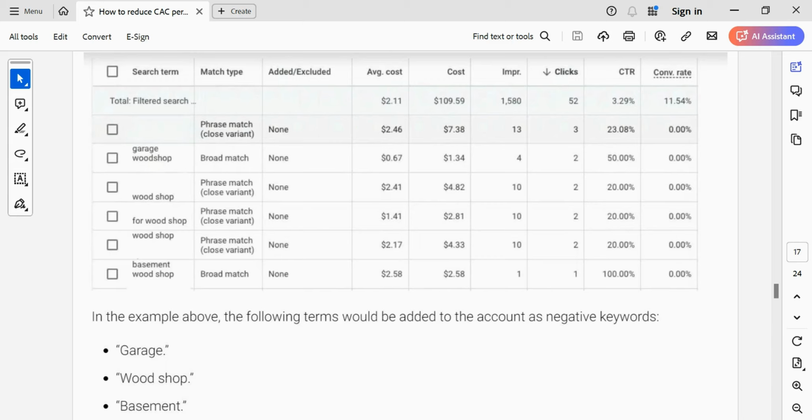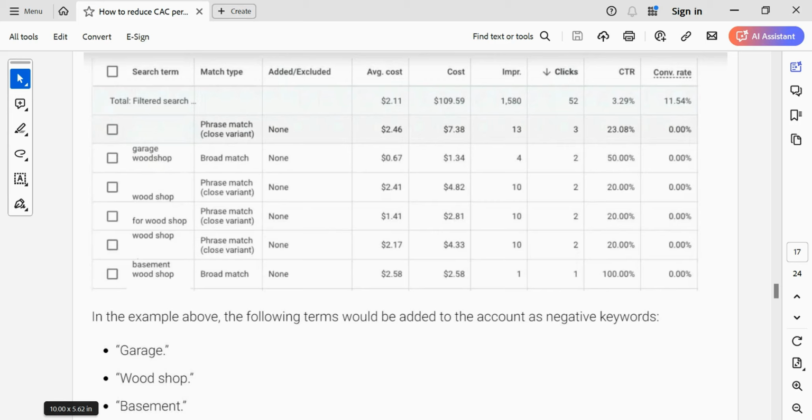This is not something which is working for this user. So garage, wood shop, and basement, these are the three phrase match negative keywords which should be added to this account, so that the algorithm doesn't target these search terms.